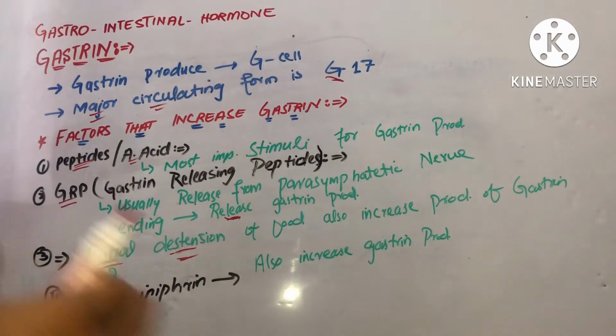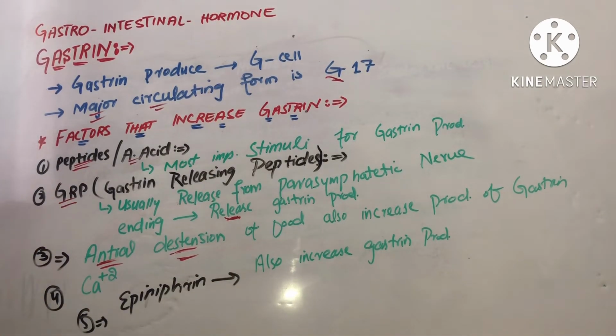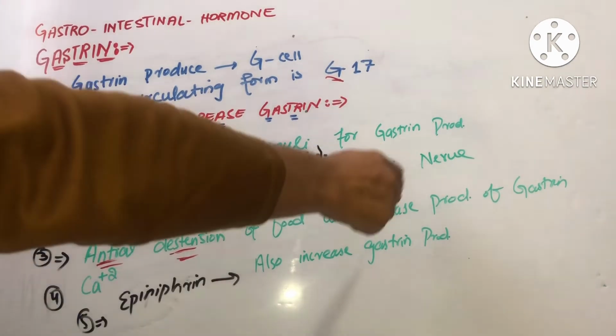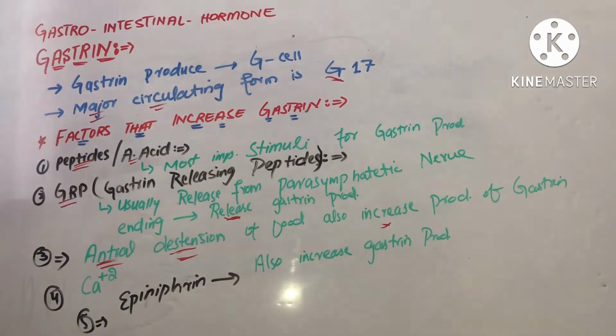When there is accumulation of food in the antral region and it becomes distended, it also increases the production of gastrin. Number four is calcium. Calcium also increases gastrin production. Number fifth is epinephrine. Epinephrine also increases gastrin production.